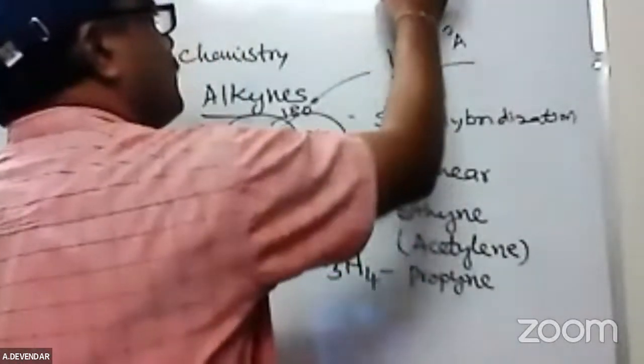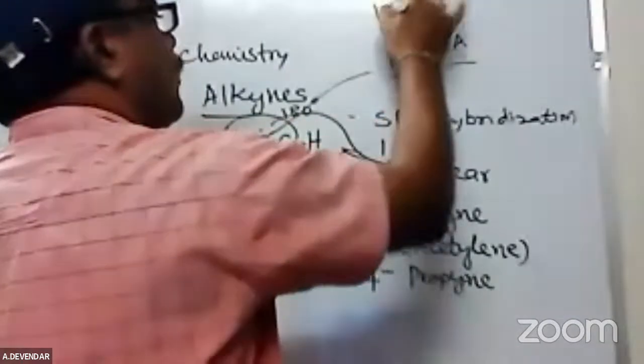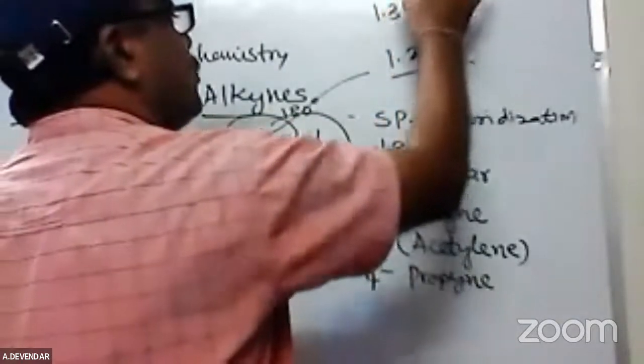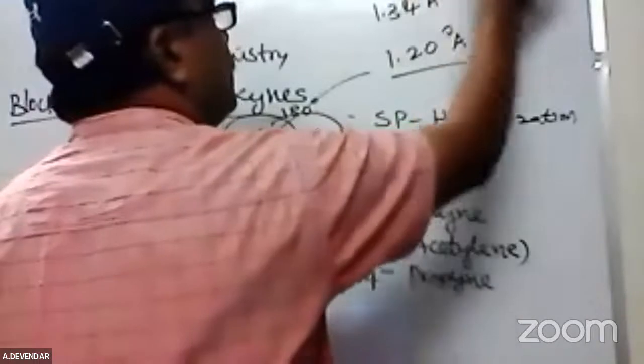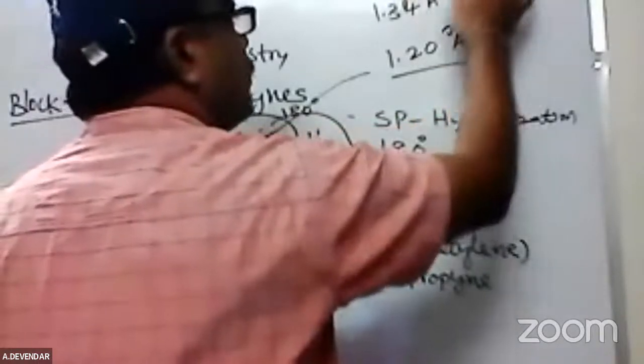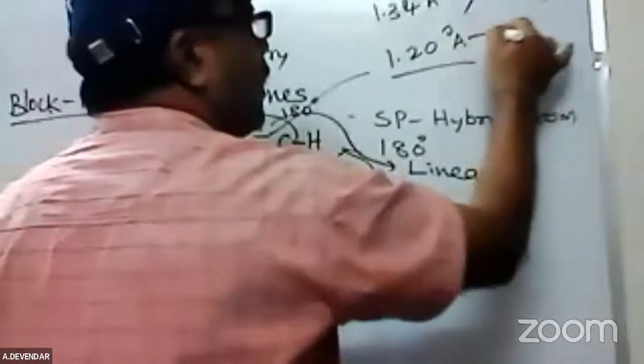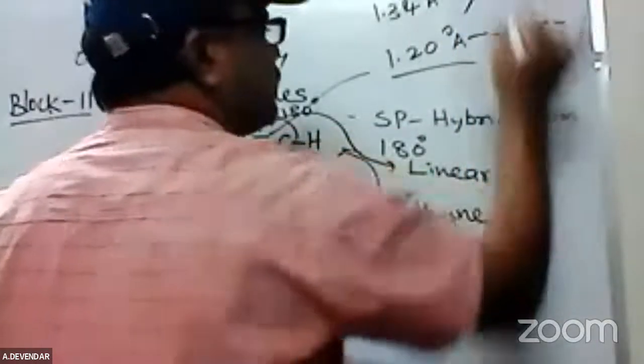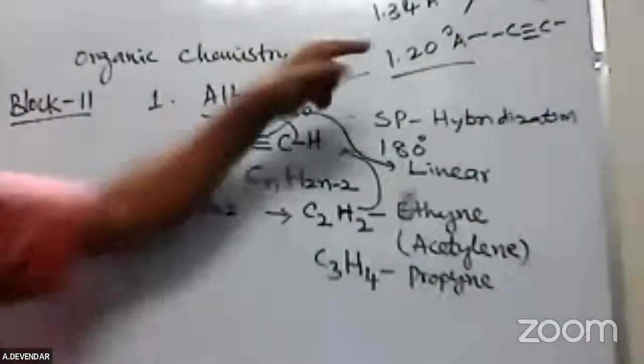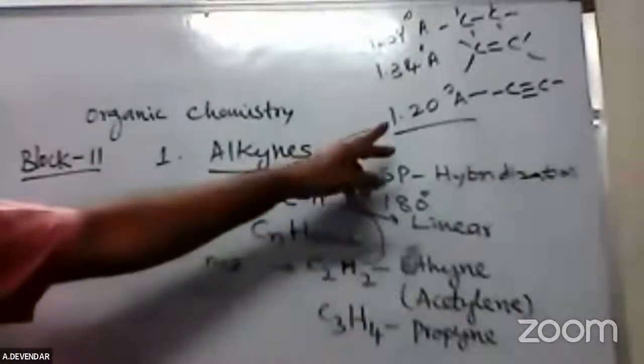Please remember: 1.54 is a single bond, 1.34 is a double bond, and 1.20 is the triple bond length.